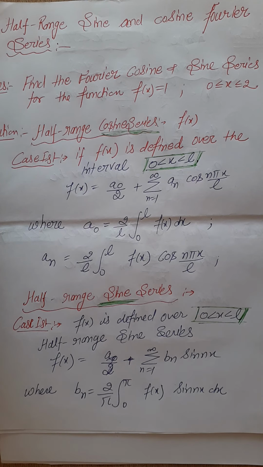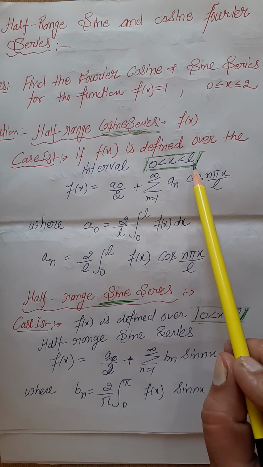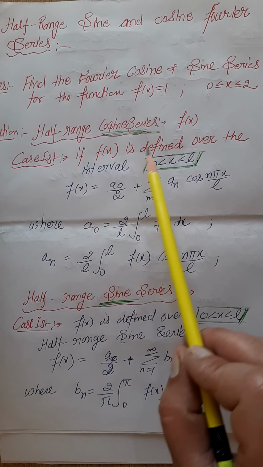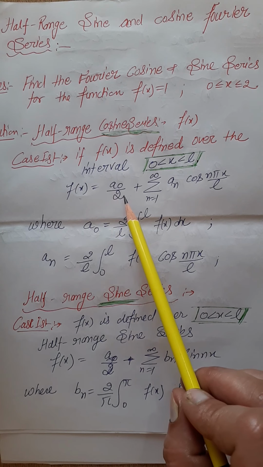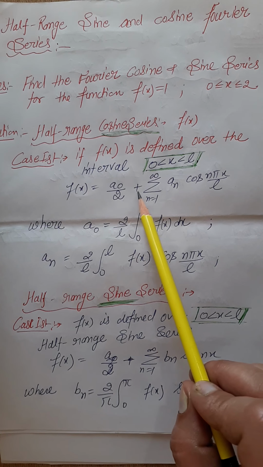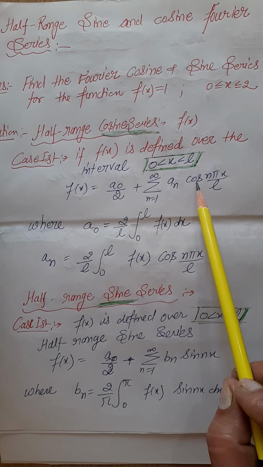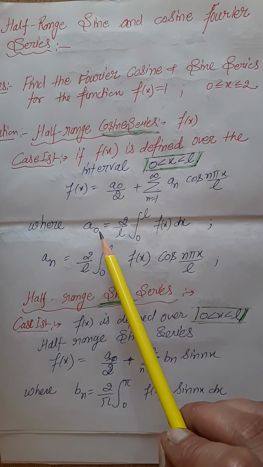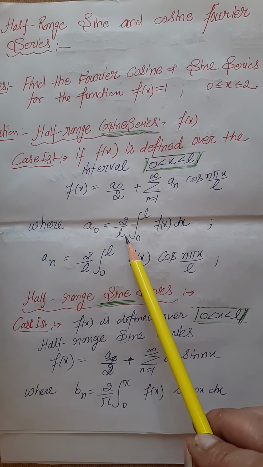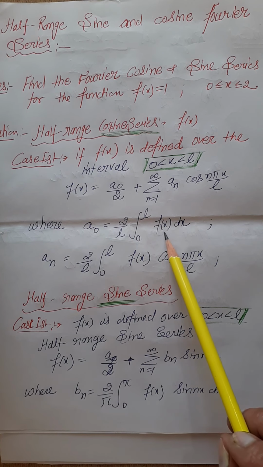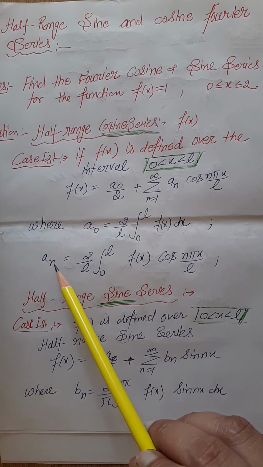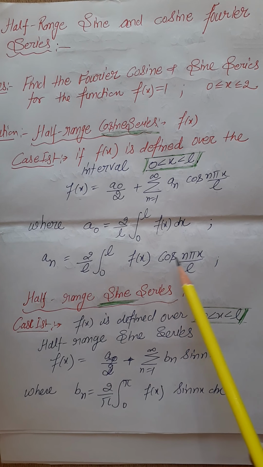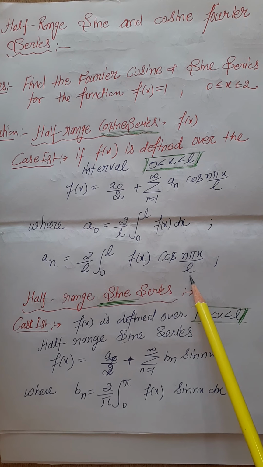In the first part, if we take the interval 0 to L, then we write our cosine series in this way: a naught upon 2 plus summation an cos n pi x upon L, where the Fourier coefficient a naught is equal to 2 by L, limit 0 to L, fx dx, and the Fourier coefficient an is 2 by L, 0 to L, fx cos n pi x upon L.